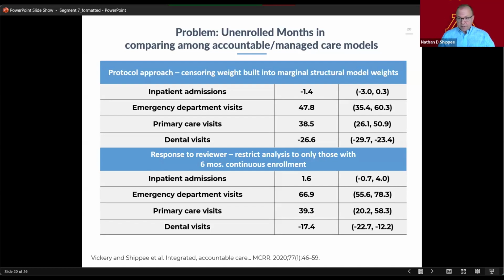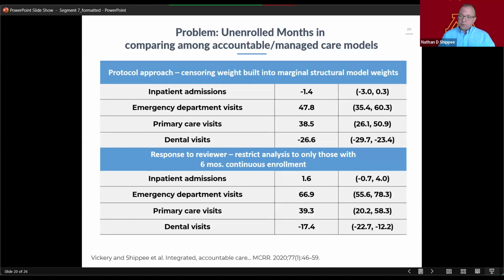And that was a significant difference in a direction opposite of what we saw in emergency department and primary care visits. Again, I'm not worried about telling you which managed care organization we were comparing, but the point is that by and large, the takeaway message is fairly similar, but we're doing it with a very different population or a very different analytic sample.